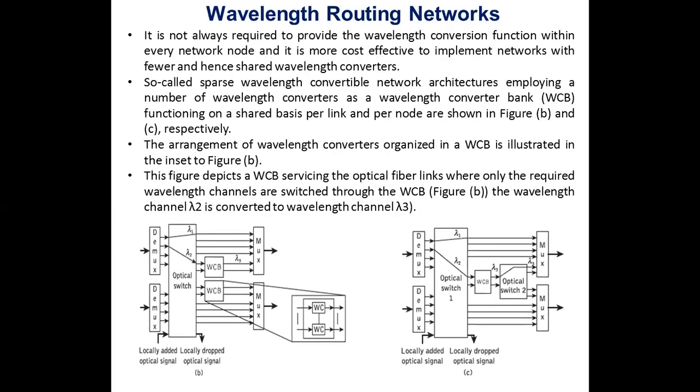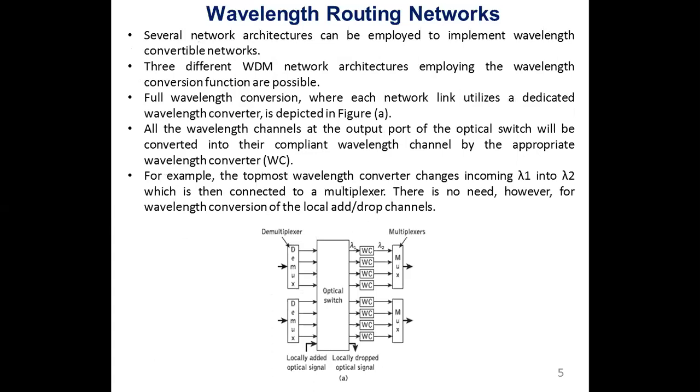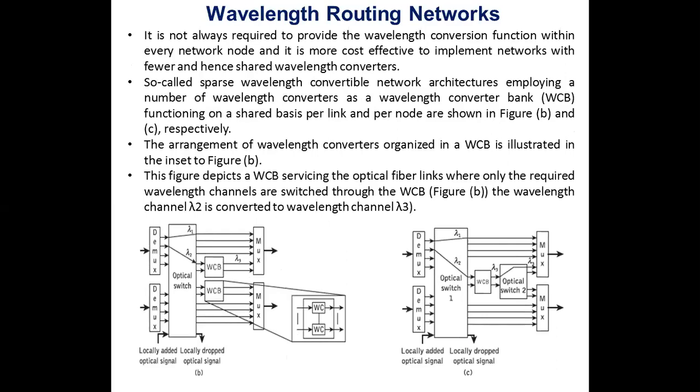So I'll just recap quickly that in A you have a full wavelength conversion where every link, every node will have its own wavelength converter, but it may not be required to have the wavelength converter at every node. And then you could have B and C where we are using a wavelength converter bank or shared basis per link. And based on the bank or based on the link, you can use the wavelength converter.